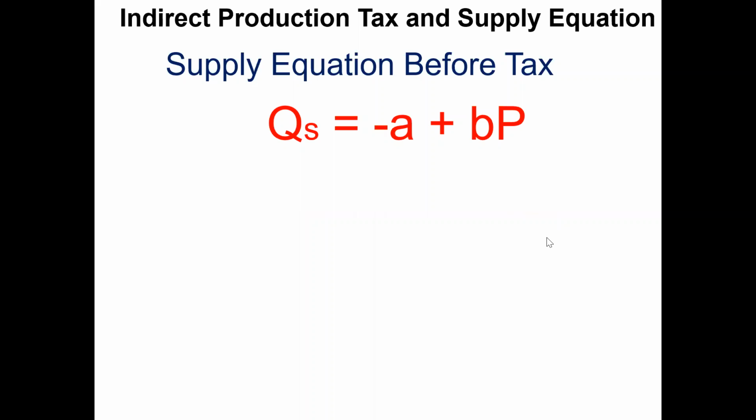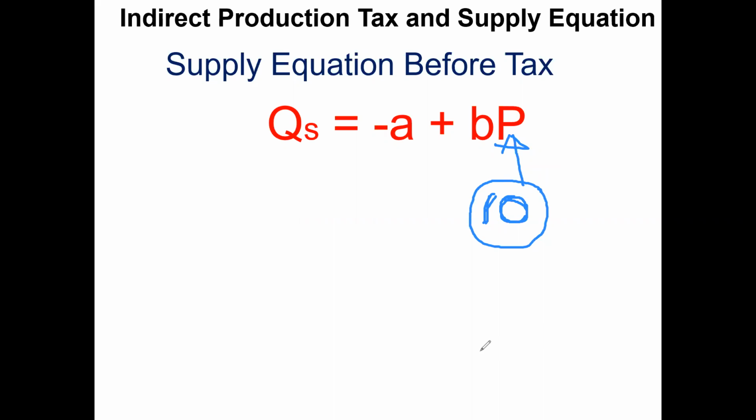Okay, look again. Now assume the price is 10 rupee. If there is no tax, the producer can enjoy this entire 10 rupee. But assume the government charges a tax of 2 rupee.